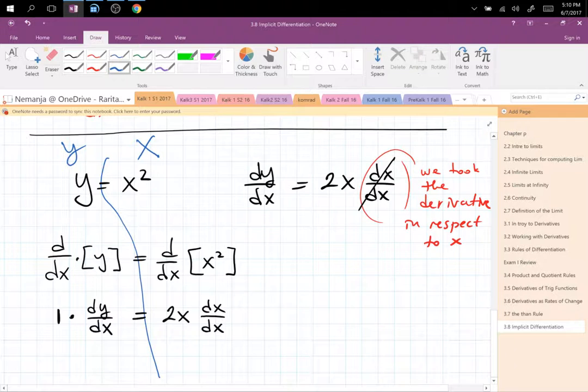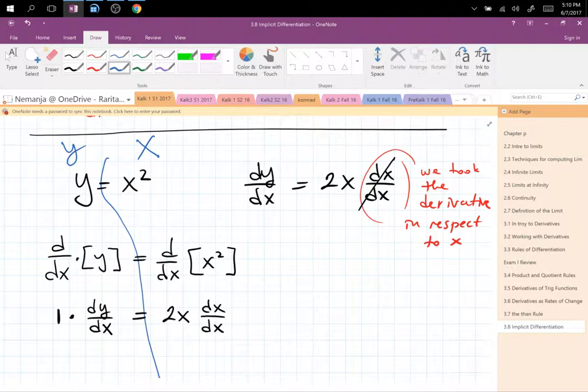So when you are looking at the left, you see that when you take the derivative, you put the instruction in front, which is d dx. And then you say the derivative of x, the derivative of y, the derivative of g, whatever you have there as a variable, the derivative of that is always 1, right? And then you say, I took the derivative of y in respect to x.